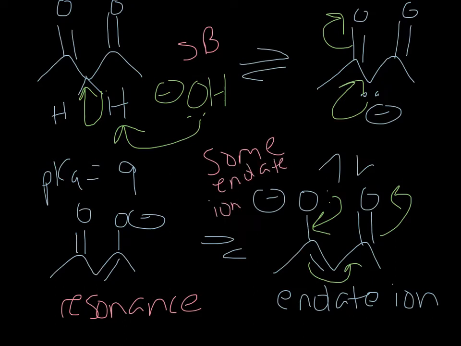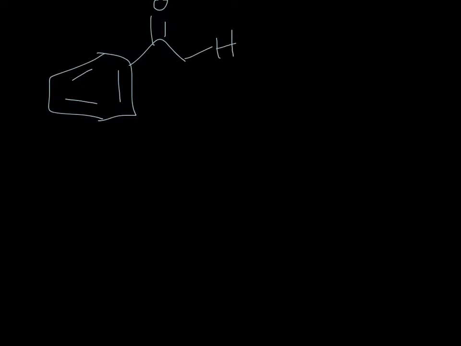But if I want to convert completely or nearly completely to enolate ion, I'm going to need a stronger base. As an example of that, I'm going to put this starting material here, with the H coming off of that alpha carbon. There are no H's on the other alpha carbon. If oxygen with a negative charge is a strong base, then nitrogen with a negative charge is going to be an even stronger base because it's less electronegative and small, so it'll be less stable with that charge.